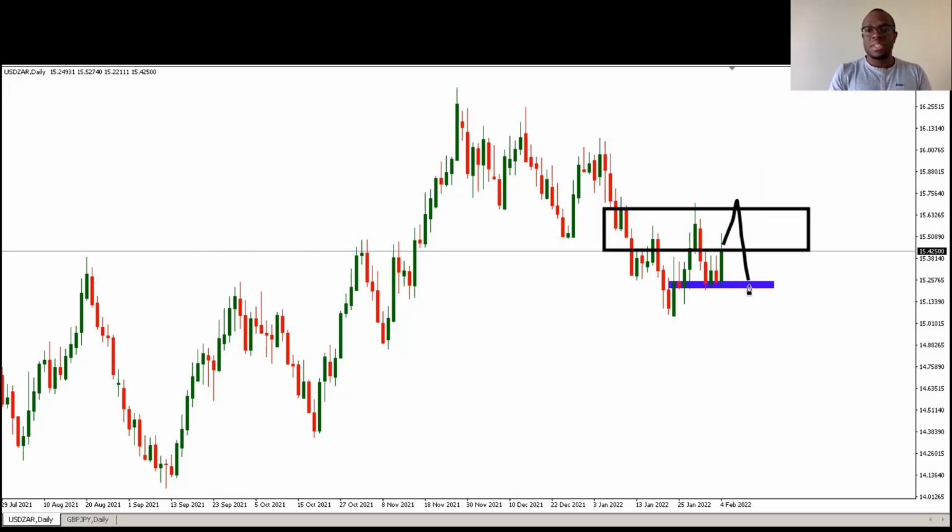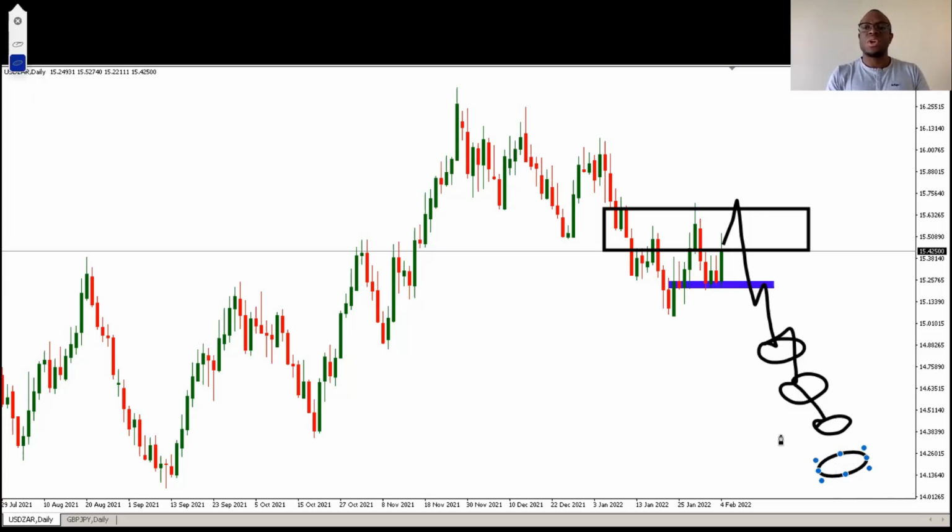Come mitigate this order block, go below it, pull back to retest it, mitigate this 15.13390 order block, and then come to 14.8865, maybe form another pullback, mitigate it, then come to 14.63515, either mitigate it again or maybe come to 14.38390 or this 14.13674. So in the case of a bearish scenario, these are the areas that we'll be targeting.